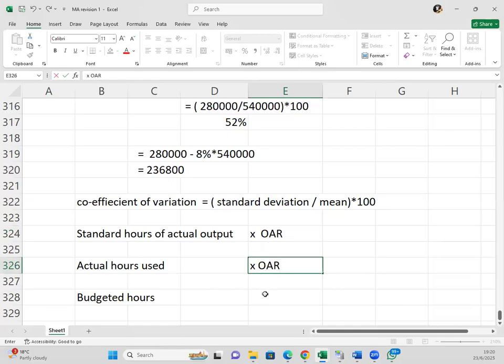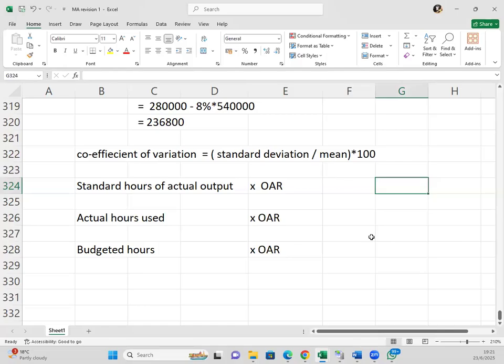Then if you say the standard hours minus the actual, you get the answer here minus the answer here, and you get the fixed overhead efficiency variance. Then if you say actual hours minus the budgeted hours, you get the capacity variance.